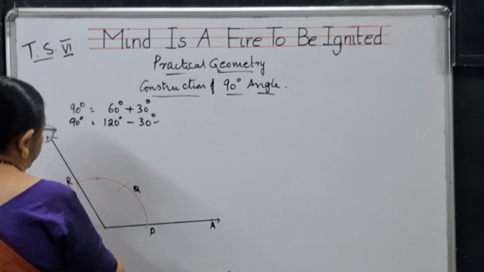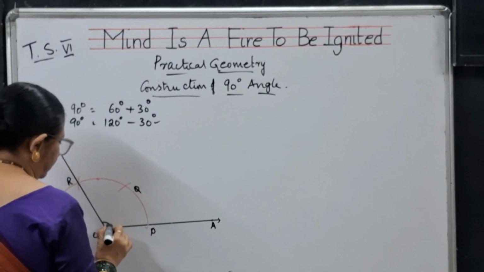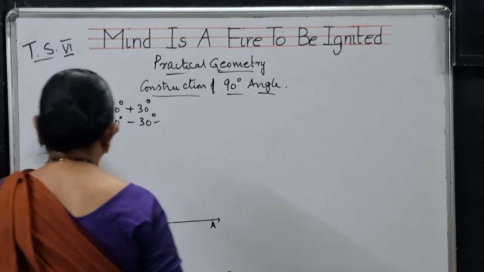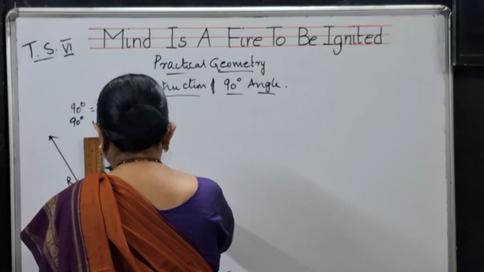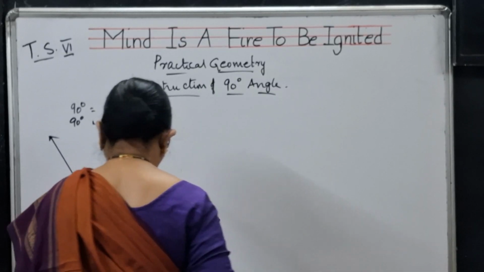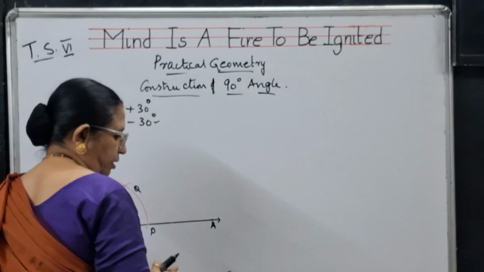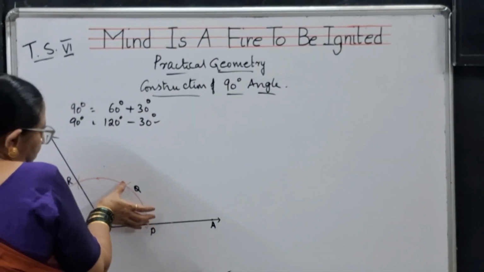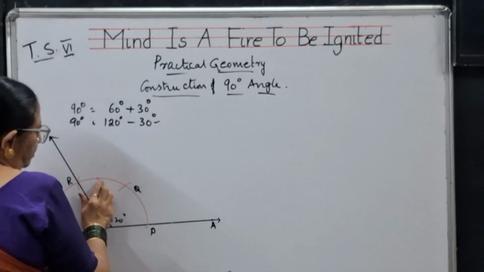This is PQR. So this angle is 120 degrees. Now here you need to bisect R and Q. You have to bisect, because this angle is 60 degrees.